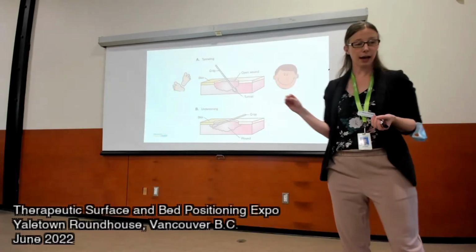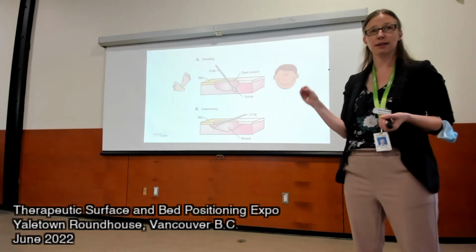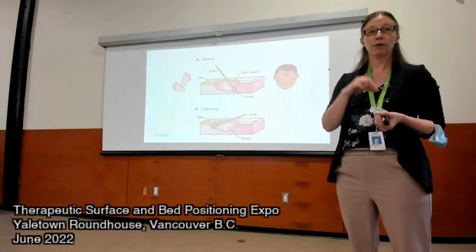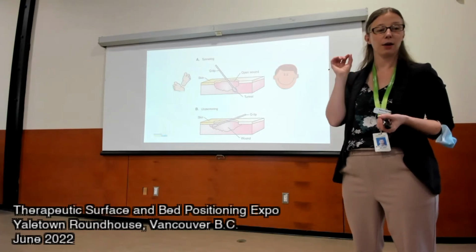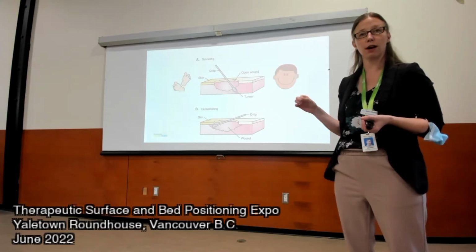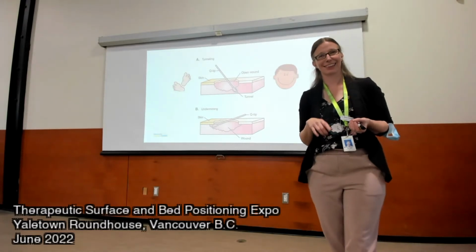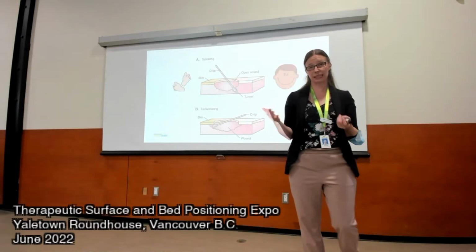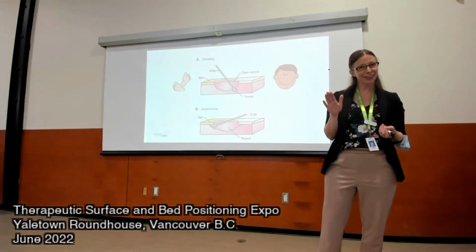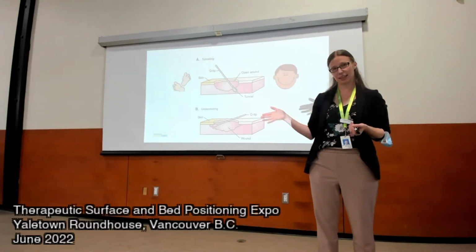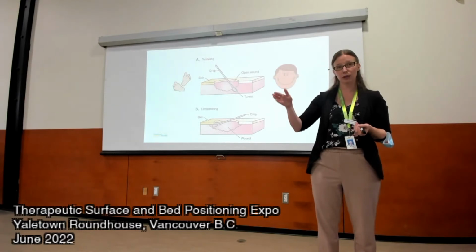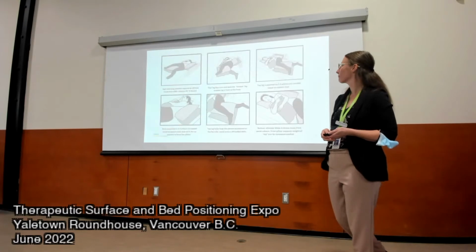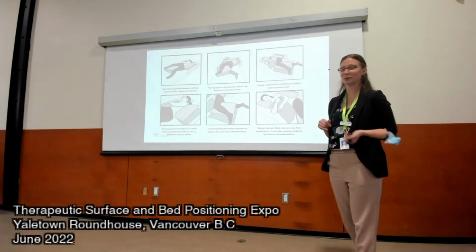So if we have an elongated pressure injury on the sacrum, vertically, with tunneling to 12 o'clock, that can indicate, not guaranteed, but it can indicate that it is resulting from shearing from sliding in the bed. So that's why we want to know about tunneling.